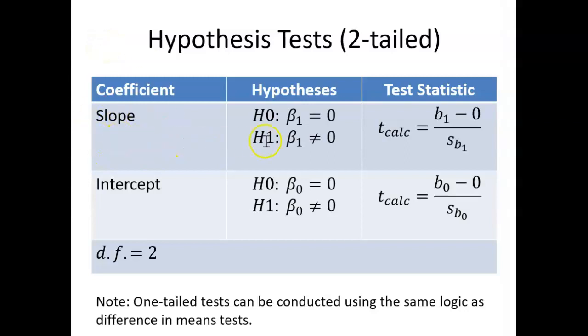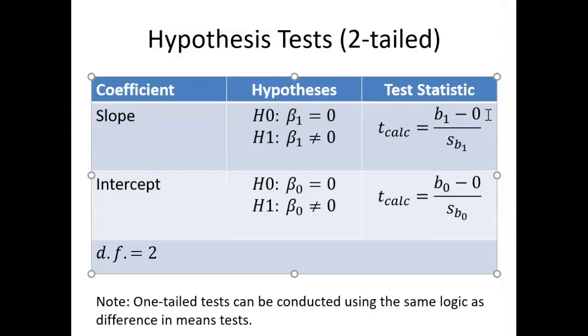So for the slope, we're testing whether beta 1 is equal to 0, and the alternative hypothesis is that beta 1, the theoretical slope, is not equal to 0. The t-statistic, since we're testing to see if it's different from 0, is equal to the slope itself divided by its standard error. This is just like a means test, where 0 is the benchmark mean.